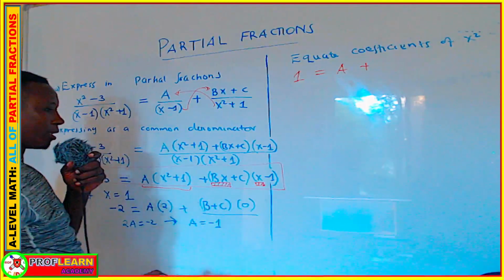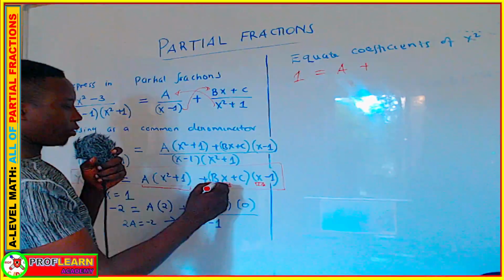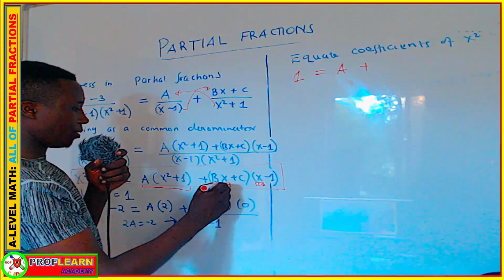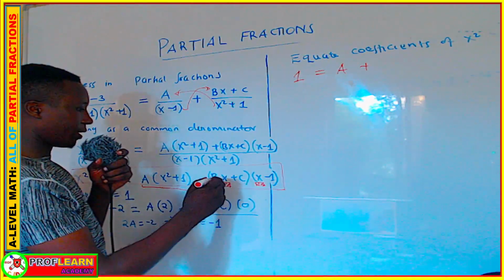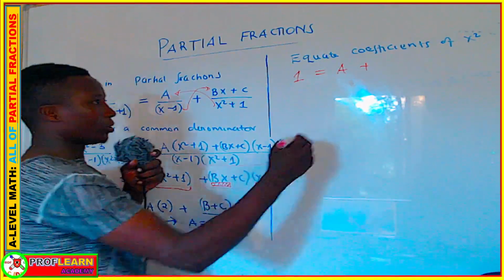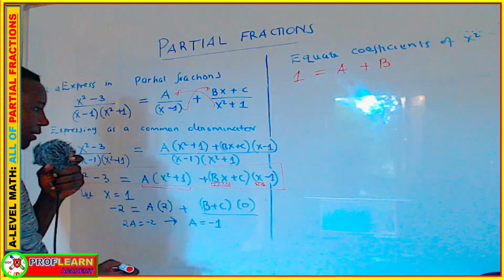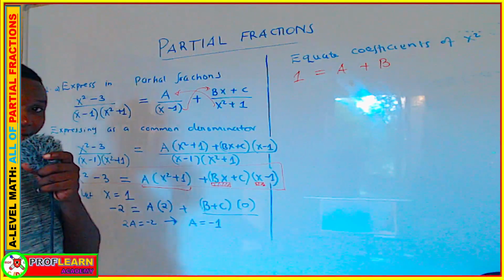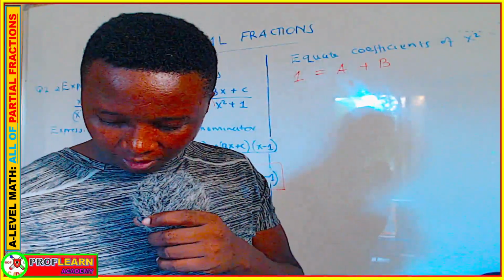That's when we can get the x squared. So if we multiply this guy and this guy at this particular point, we're going to get bx squared. So the coefficient here is b. And those are the only coefficients of x we expect in this particular question.